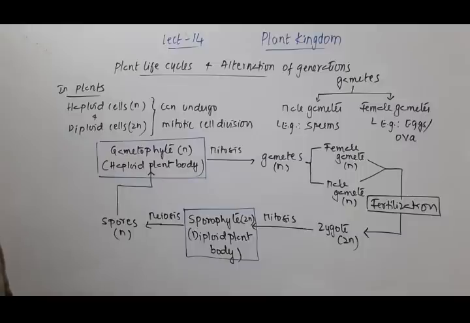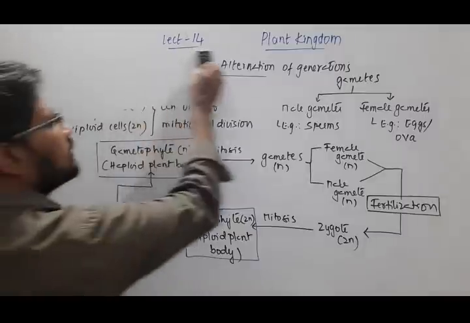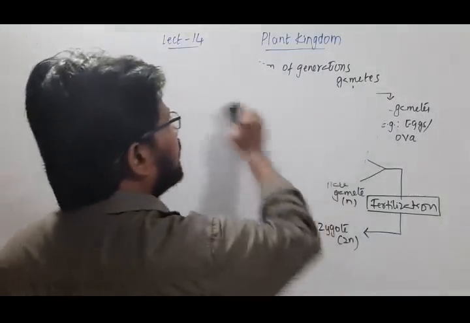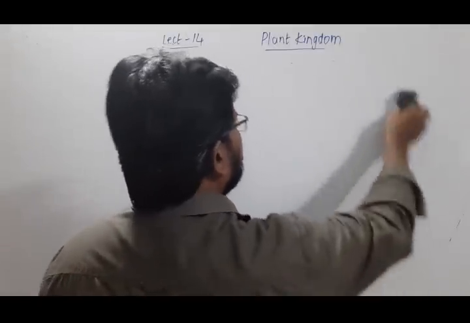And in some cases they may be equal. Based on that, we have classified the plant life cycles into three different types.